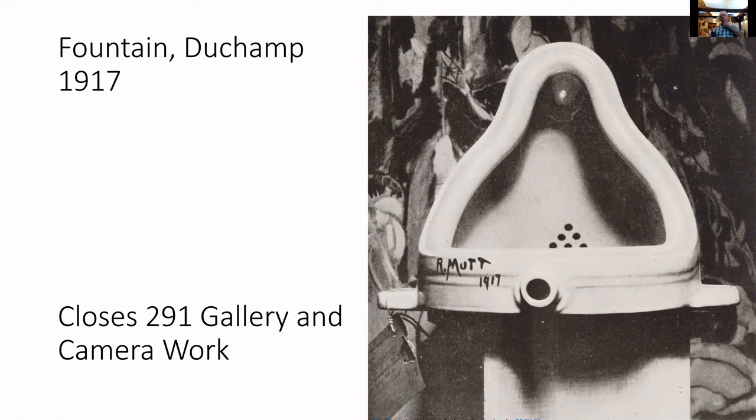Well, he tries to enter it in this big show, and they refuse it. And he comes and shows Stieglitz the work, and Stieglitz says, well, I'll put it in my show. So he puts this in the show right in front of another painting by Max Weber, I believe. But at any rate, this is the first time that Duchamp's work is ever shown in the United States.